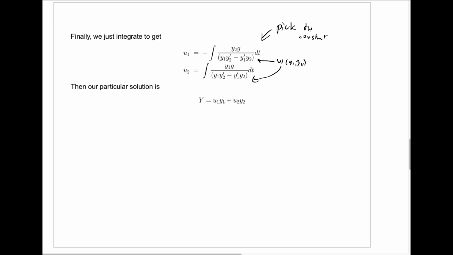Again, the reason we can do that is if you use a different choice and add a constant to either u1 or u2 or both, you'll just get the same solution, capital Y, plus a solution to the homogeneous equation, which would be a different particular solution to the non-homogeneous equation.